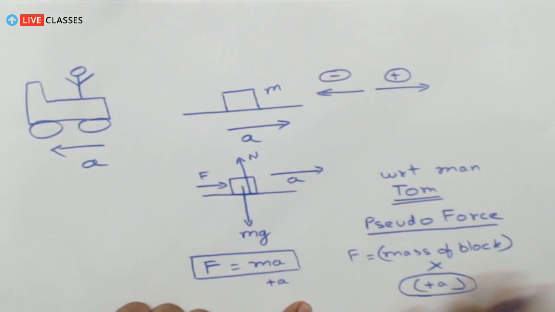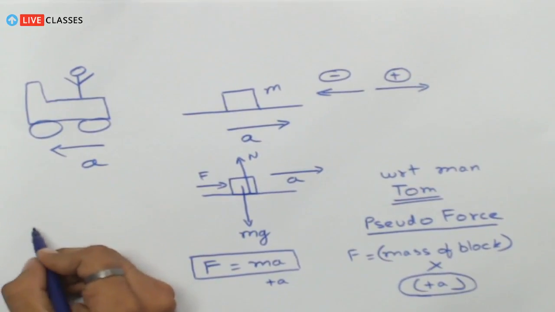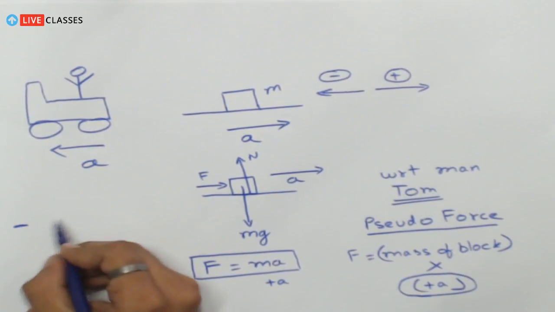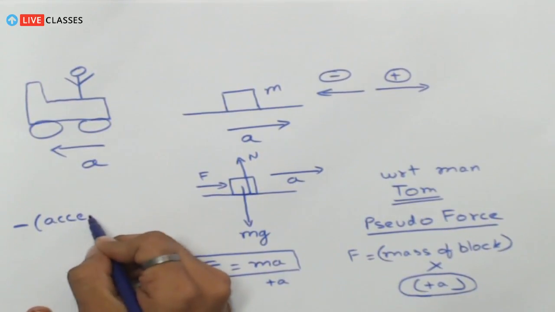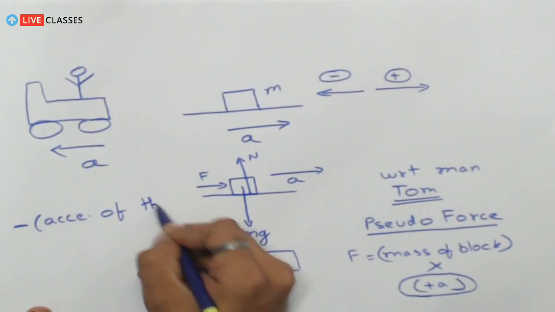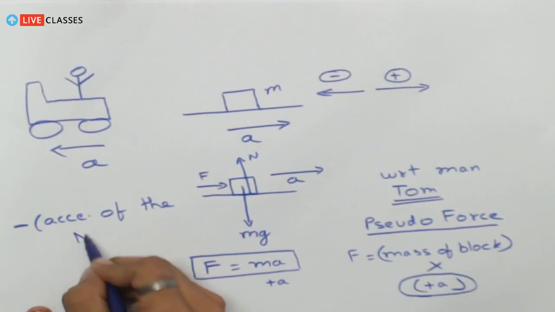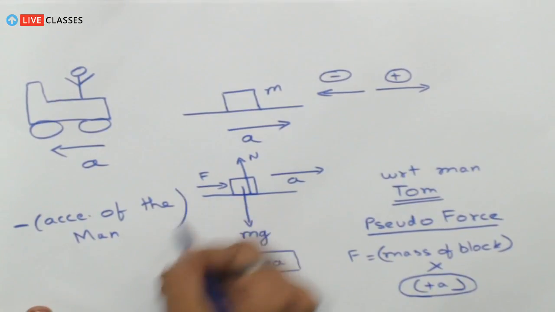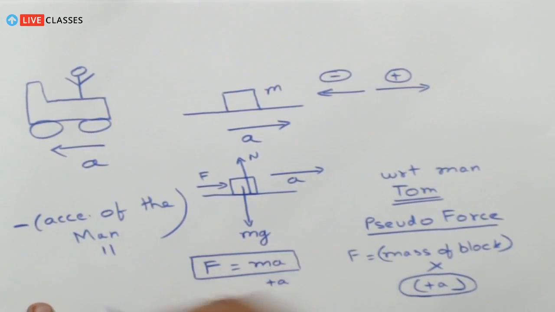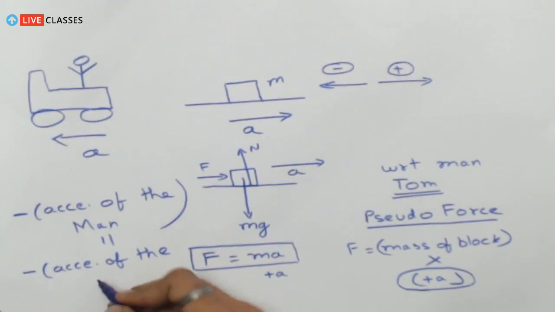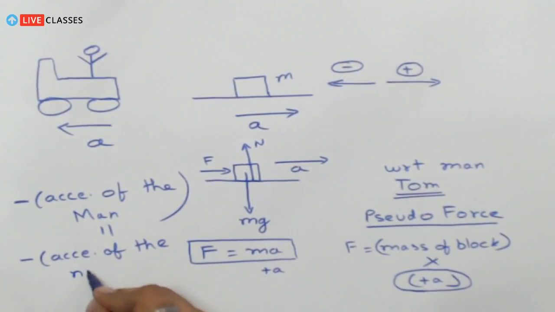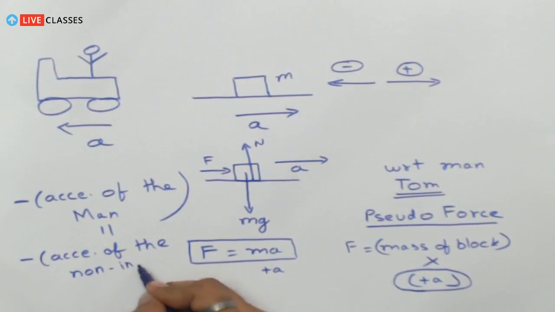What is this plus a? It is nothing but the negative of the acceleration of the man, so this is equal to the negative of the acceleration of the non-inertial frame.